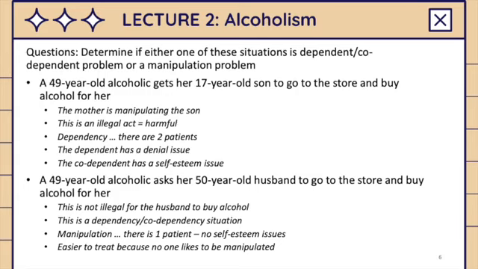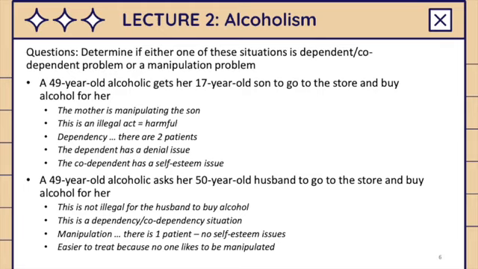Well, a 17-year-old going and buying alcohol is illegal in the state of Ohio. So she's being asked to do something illegal. Now, what about this? A 49-year-old alcoholic asks her 50-year-old husband to go to the store and buy alcohol for her. Of what is that an example?